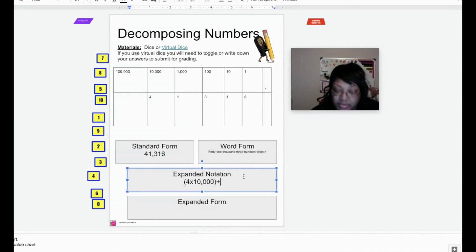And then I put the plus sign because we're decomposing the number as a sum of its groups of, right? So then I have, open parentheses, 1 group of 1,000.